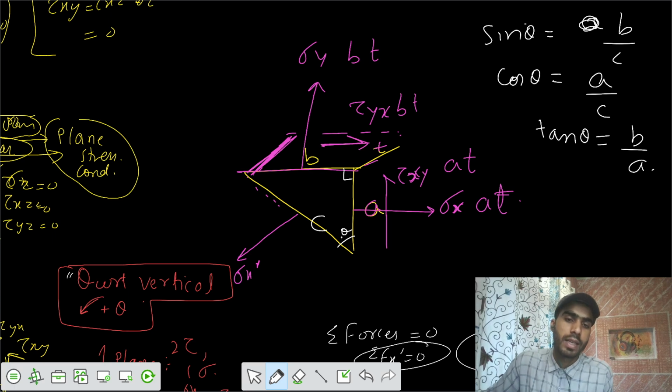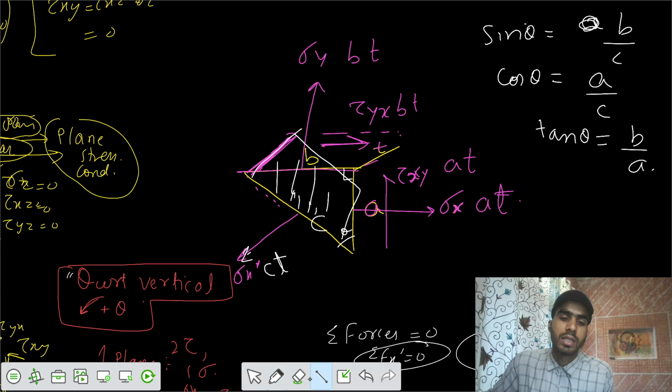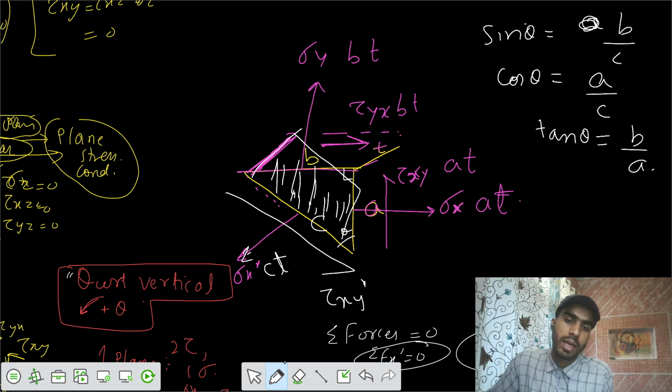Your sigma x dash is acting perpendicular to this plane, so the area of this plane is c into t. Similarly, your shear stress tau xy dash is acting on that same plane, but parallel to it, so we write tau xy dash times c into t.